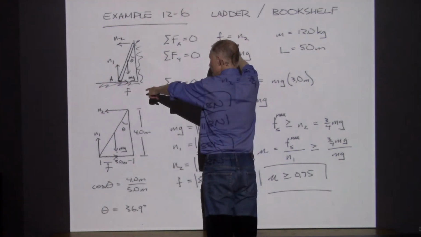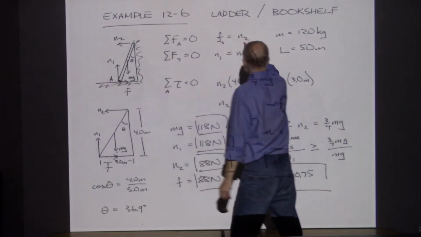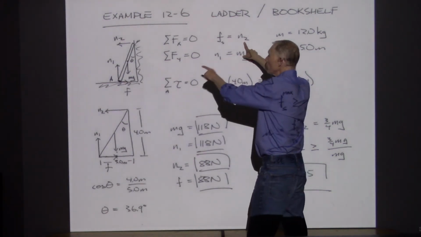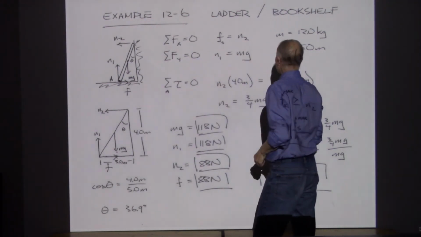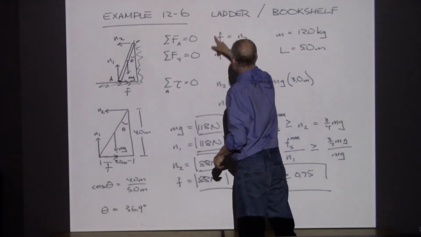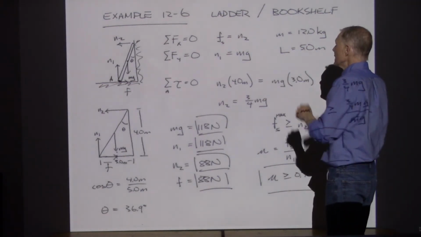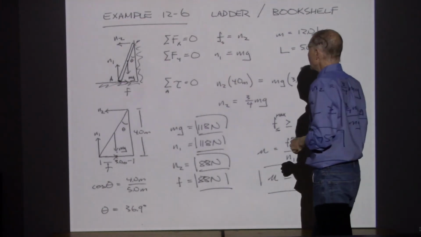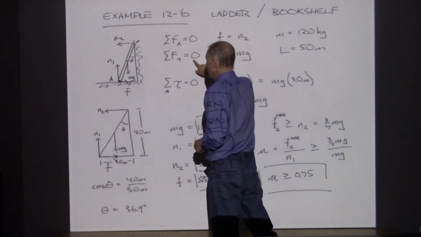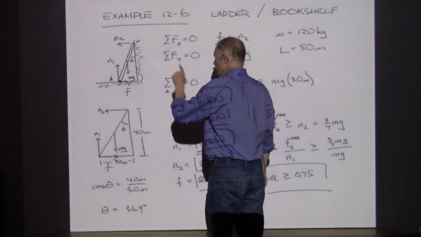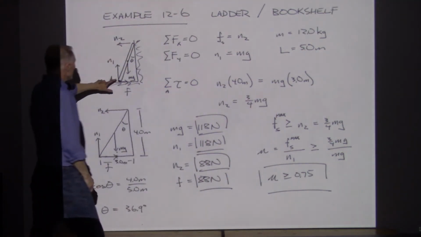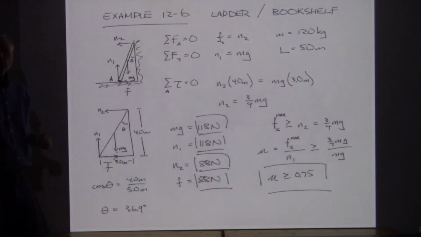So the force of static friction on the floor exactly balances the normal force of the wall pushing out. Those two forces are going to have to be the same value. Now I don't know what they are yet, but that's a statement that I'm probably going to come back and use. In the y direction, I've got an upward force from the contact of the ladder on the ground. So I've got an upward force of N1, and a downward force of mg.